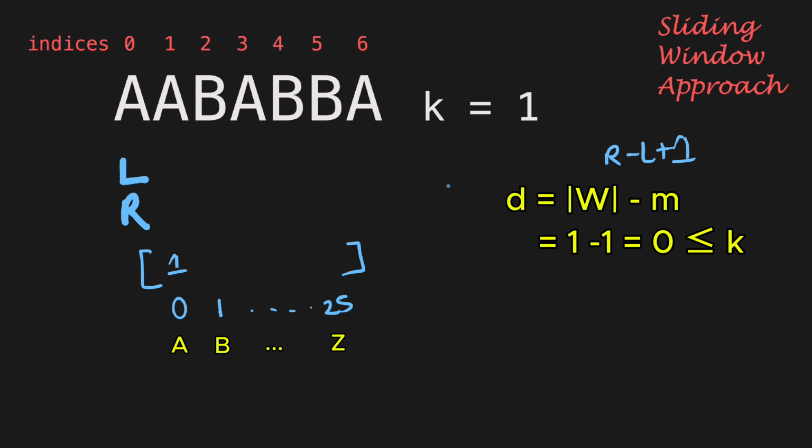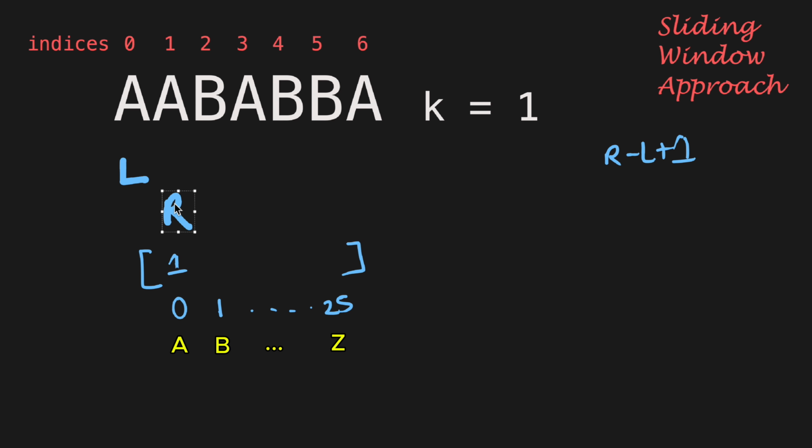So the number of replacements we require is 0, which is less than k. So this window is valid, and hence we will expand the window further at the right to find an even longer window, and we encounter another A.